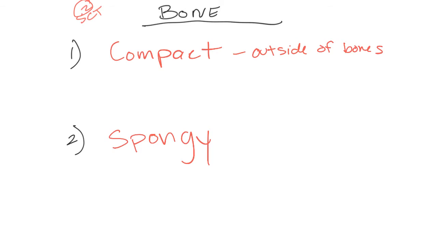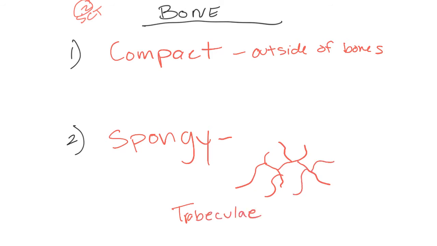Spongy bone just has more space between the cells. It forms these spacious networks called trabeculae. Basically it kind of looks like a sponge.